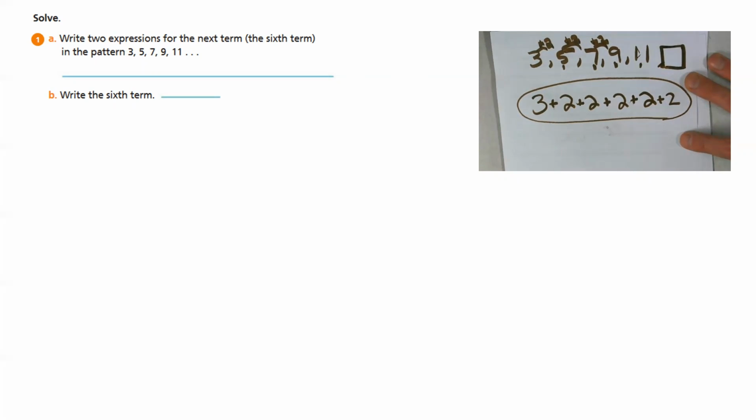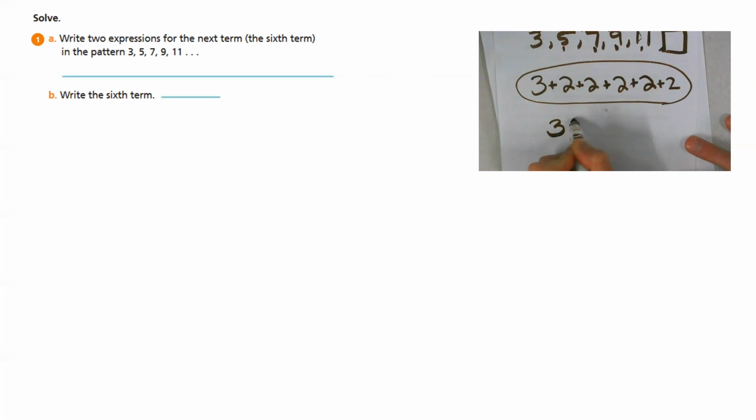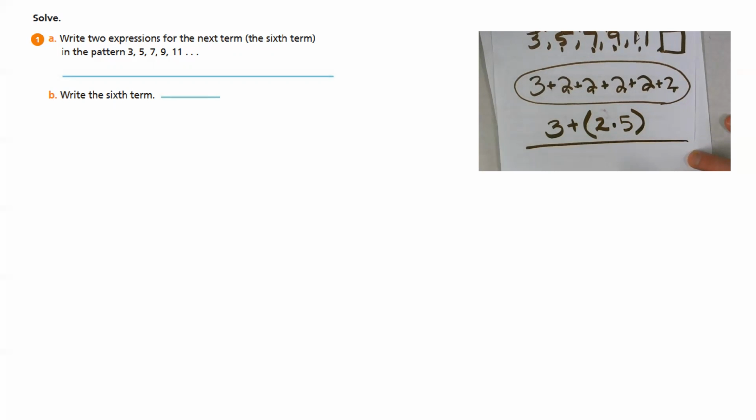But it says give us two different ones. Okay, then we could also say 3 plus 2, 1, 2, 3, 4, 5 times 5, right? Ms. Stahl, I don't get this, man. That's way too confusing.